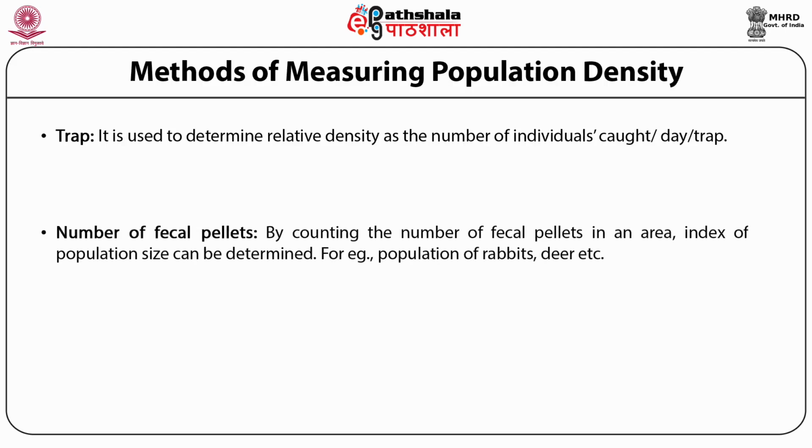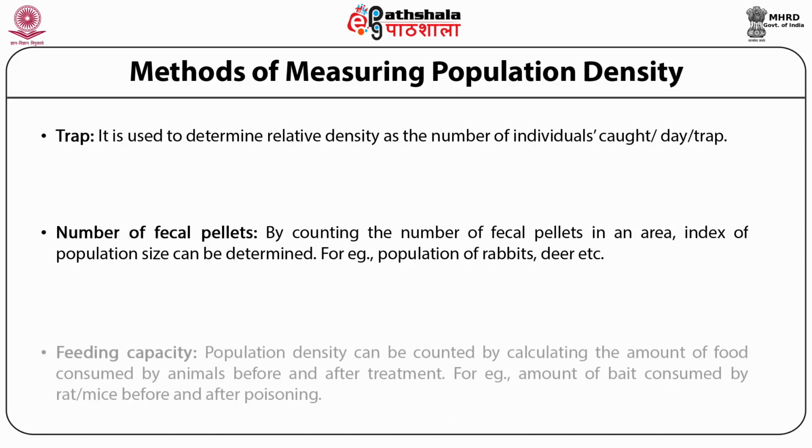By counting the number of fecal pellets in an area, an index of population size can be determined. For example, by using this method, we can calculate the population of rabbits, deer, etc.